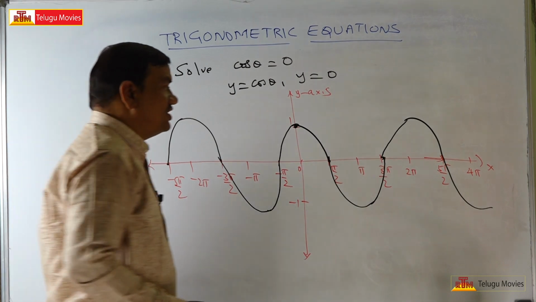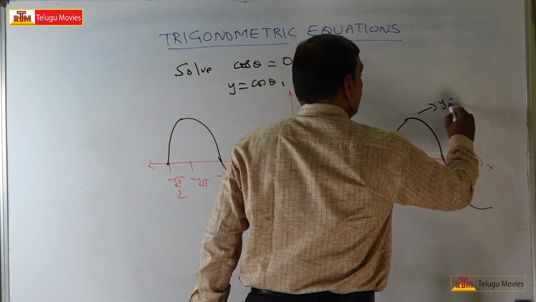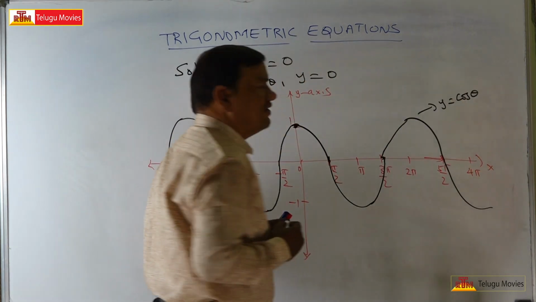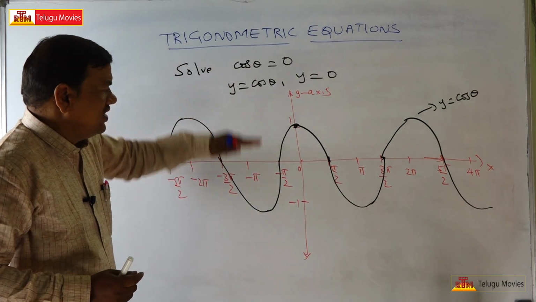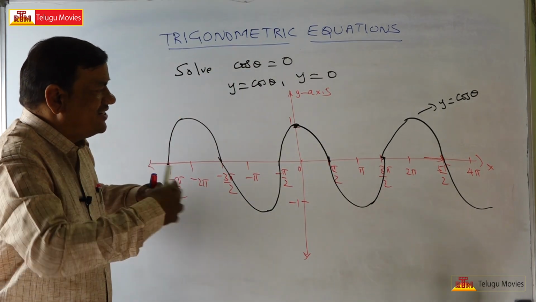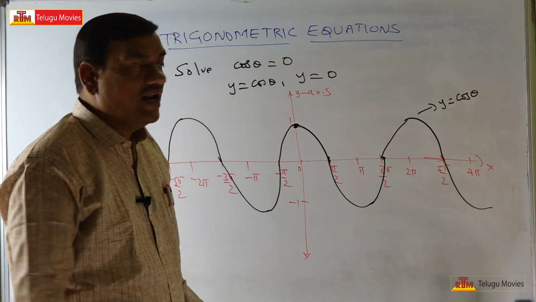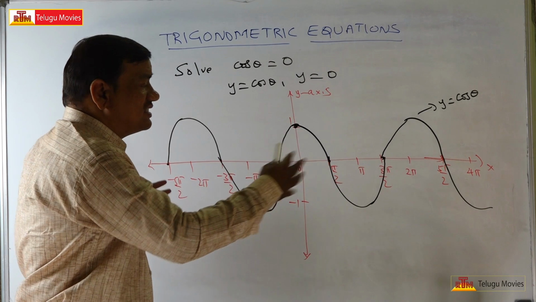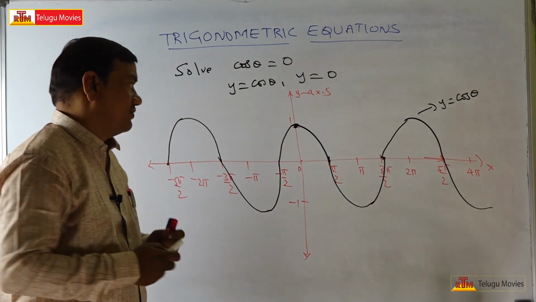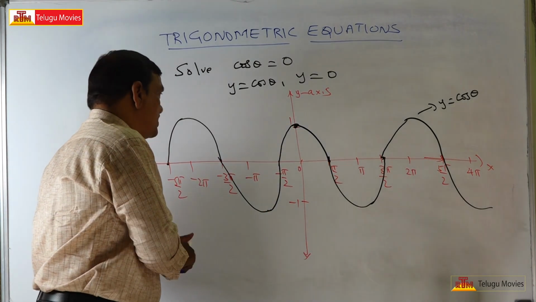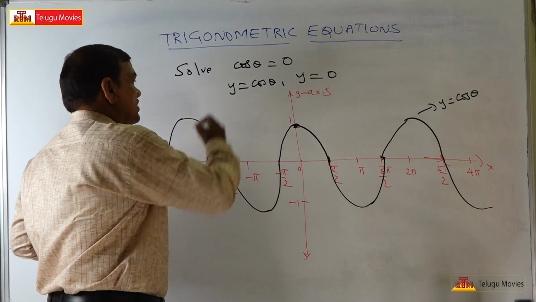Understand? So this is the graph of y is equal to cos theta. Everybody knows the maximum value is 1 and the minimum value is minus 1. It extends in the infinite direction. For our convenience, I have taken some values of theta. This graph of y is equal to cos theta is drawn.